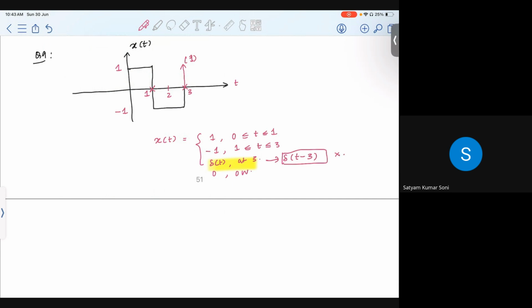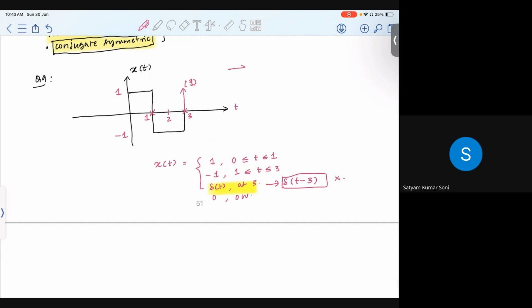I can always split this function into two parts. The first part takes in the original signal, and the second part is the one at 3. So this signal is simply x1 of t plus x2 of t. This is immediate from the given picture, right? And x2 of t is delta of t minus 3.